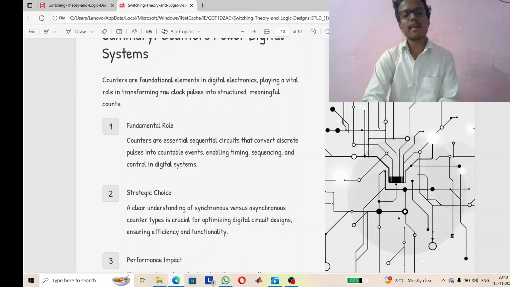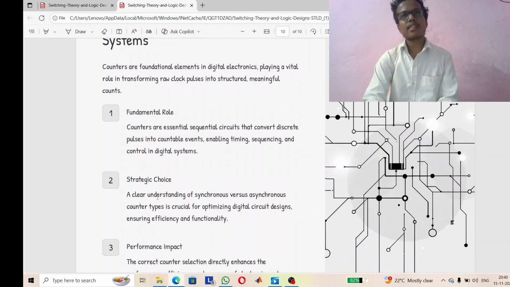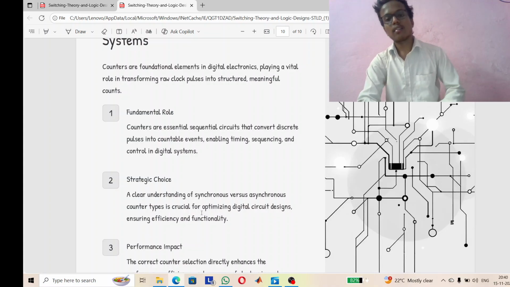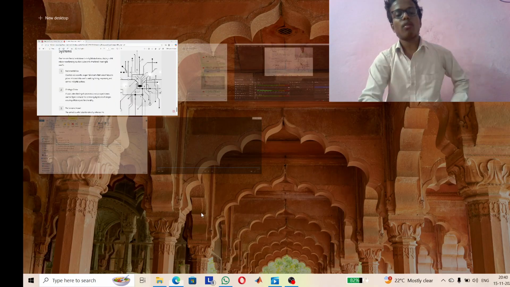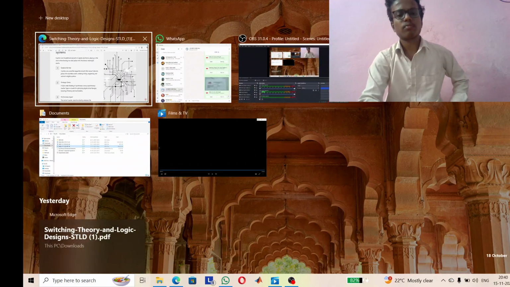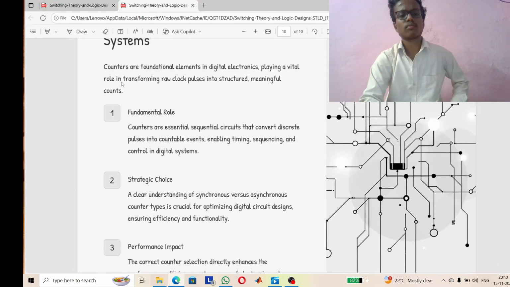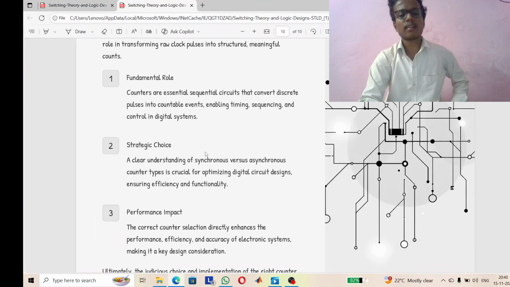Another aspect is the strategic choice. A clear understanding of synchronous versus asynchronous counter types is crucial for optimizing digital circuit designs, ensuring efficiency and functionality. And the third aspect is the performance impact.